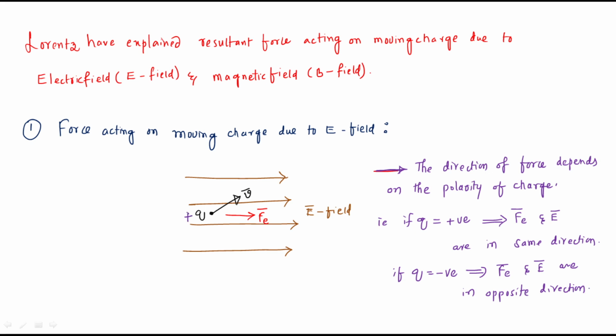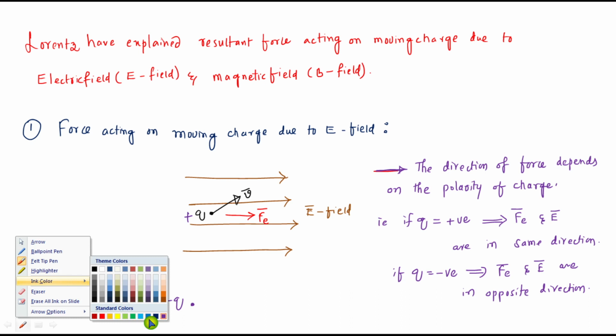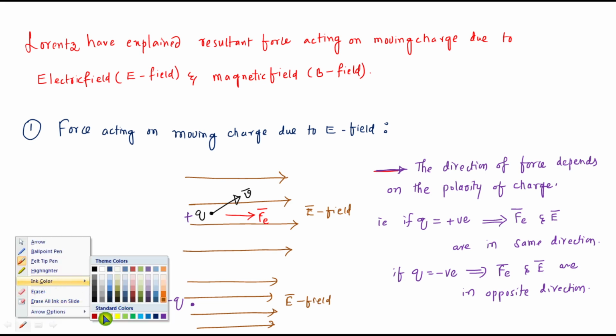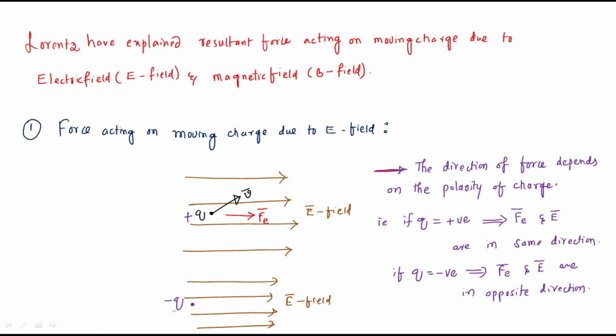So let us say this is positive q, and this is negative q, the point charge, and this is the electric field. Obviously the force acting on the negative moving charge should be opposite to the electric field.